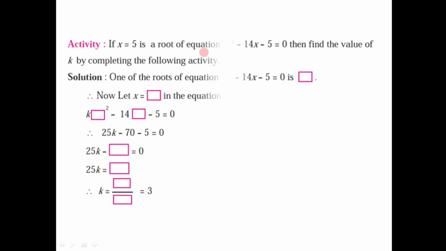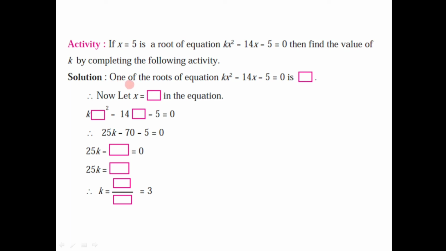Now let us have one activity based on this concept. It is: if x is equal to 5 is a root of the equation kx square minus 14x minus 5 is equal to 0, then find the value of k by completing the following activity.